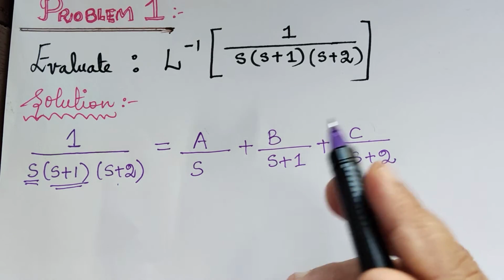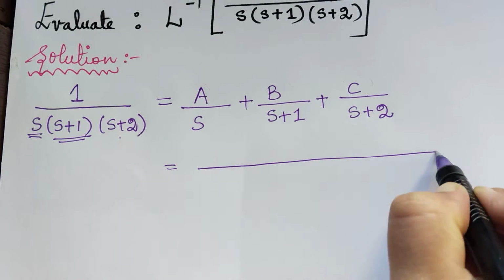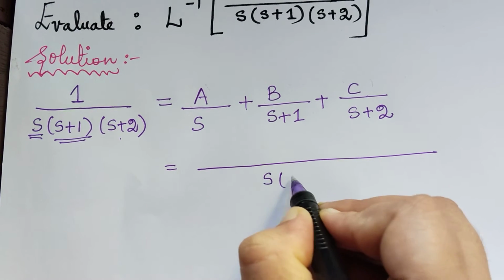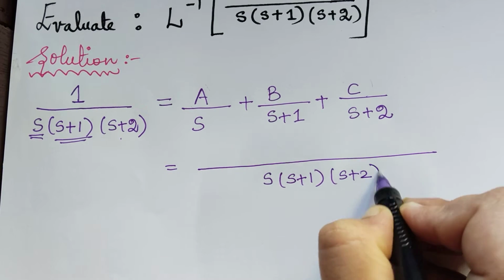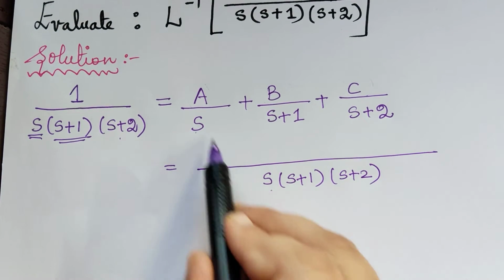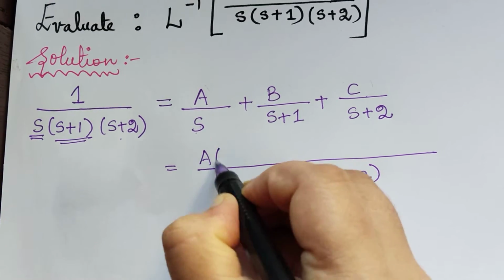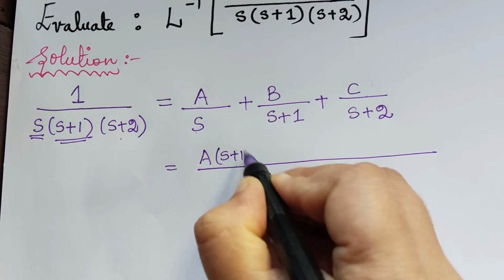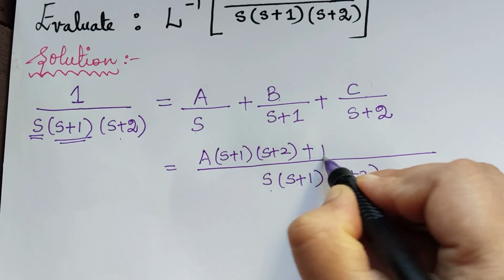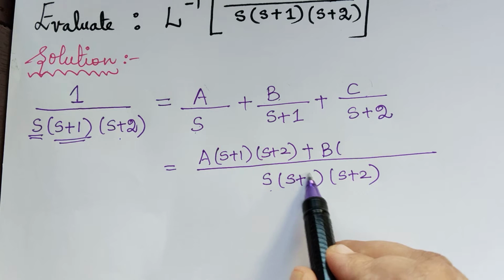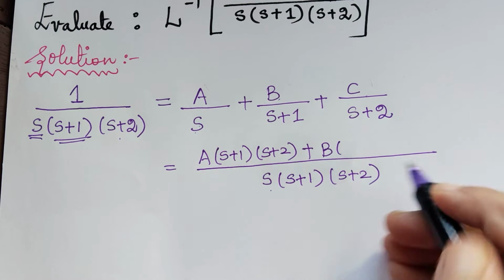So in order to do that, we will be taking the LCM on the right. So what will be the LCM? It will be S multiplied with S plus 1 multiplied with S plus 2. Here we already have S, so the remaining terms have to be multiplied with A. So A multiplied with S plus 1 multiplied with S plus 2, plus the term B has to be multiplied with, we already have S plus 1, so it has to be multiplied with S and S plus 2.